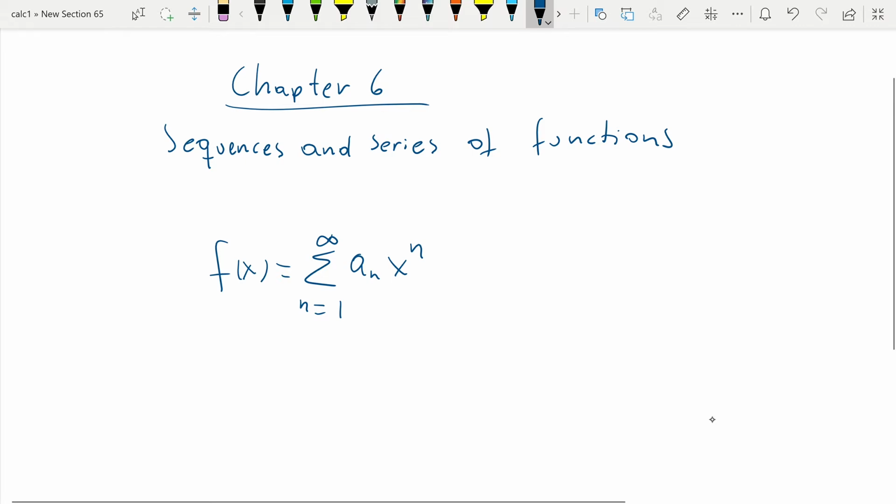If you add from 1 to infinity this expression here, if it's well defined, and this given function is differentiable, when can we say that, say, f prime of x is equal to the sum from n equals 1 to infinity of n times a sub n x to the n minus 1?